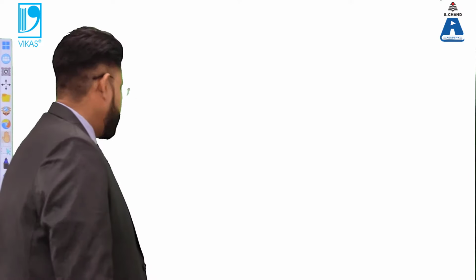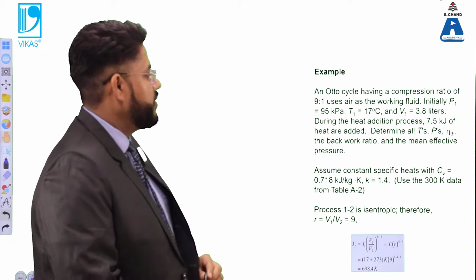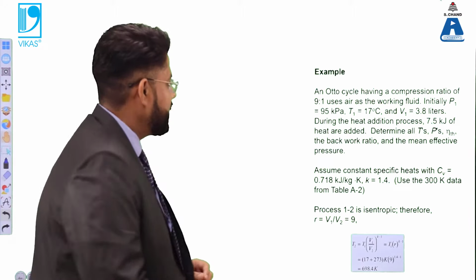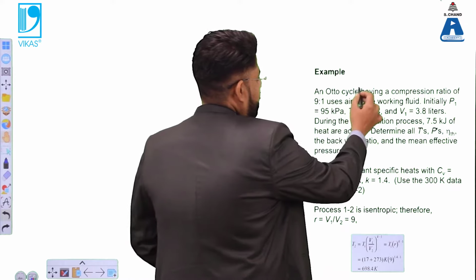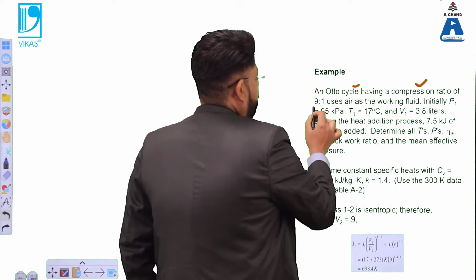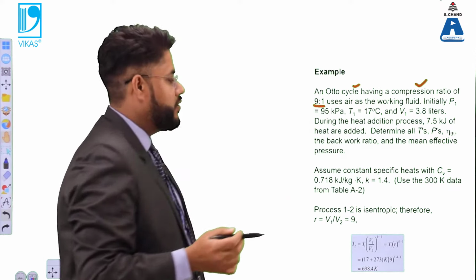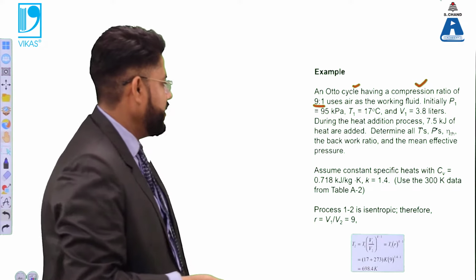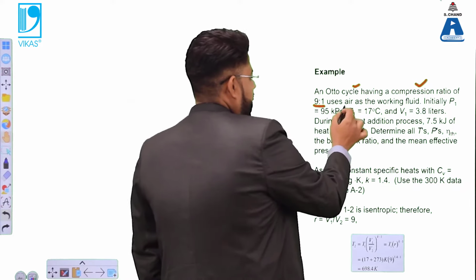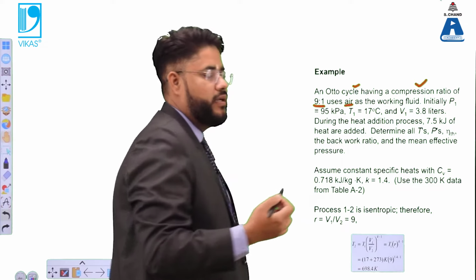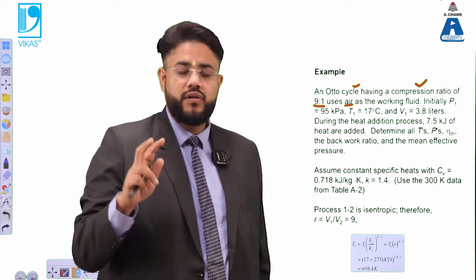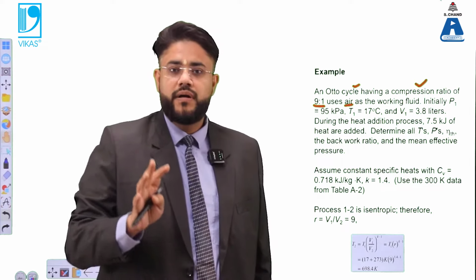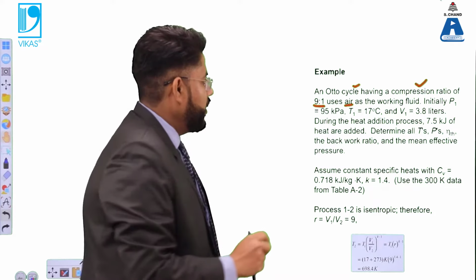So I'm straight away coming to the numerical problem, and the numerical states that an Otto cycle has a compression ratio of 9:1. That means you have the value of compression ratio r as 9, and it uses air as a working fluid. So it will follow all those assumptions that we have particularly seen.